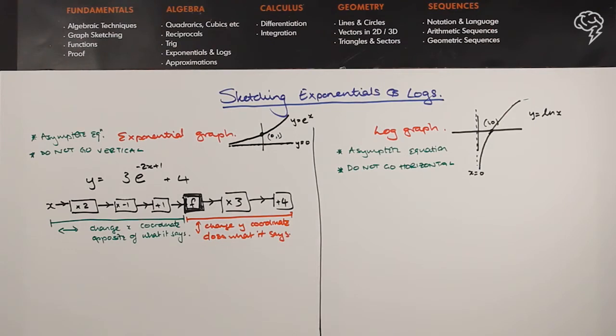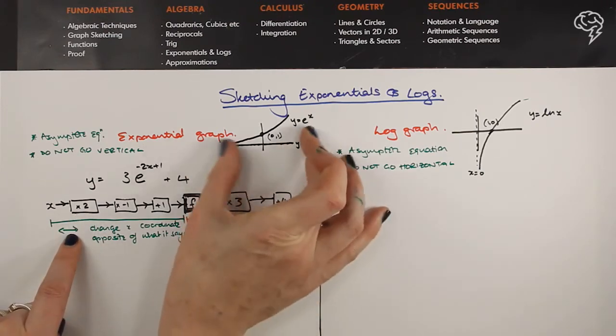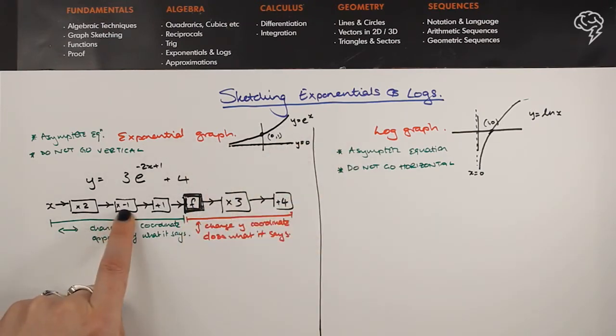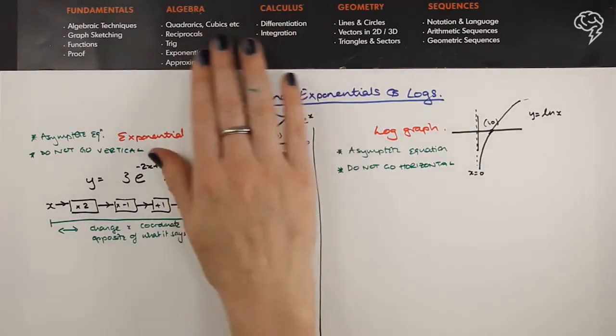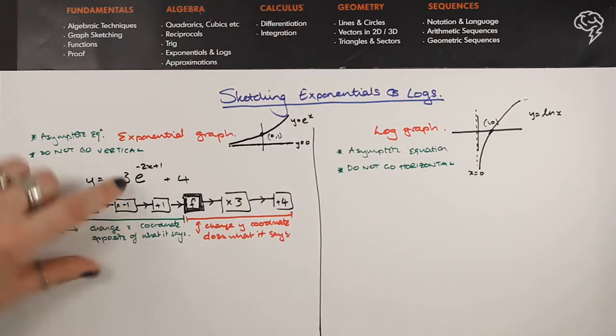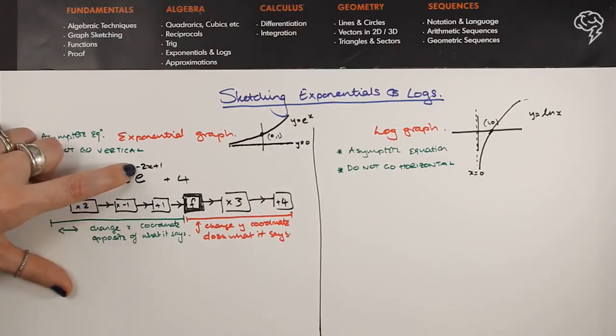So let's think about describing the transformation. Everything in here does the opposite. This is a stretch scale factor 1/2 parallel to the x-axis, which squashes in like this. A reflection, left and right reflection, so a reflection over the y-axis. So it's exponential decay rather than exponential growth.